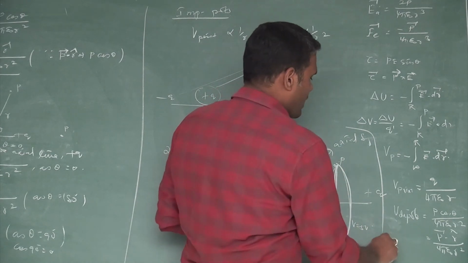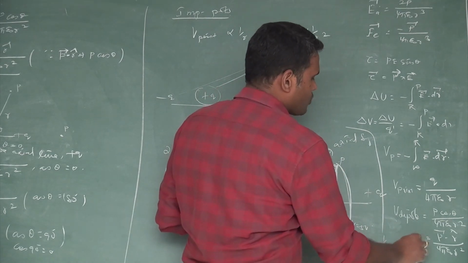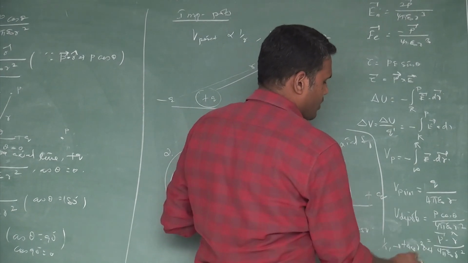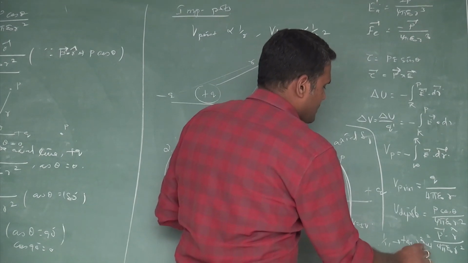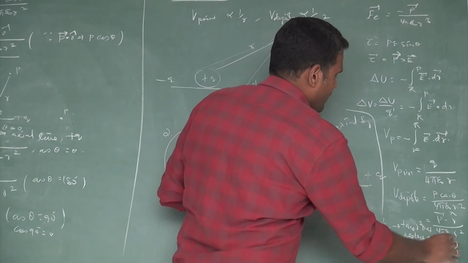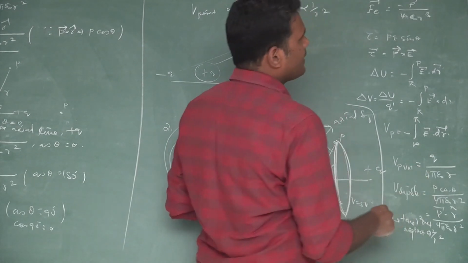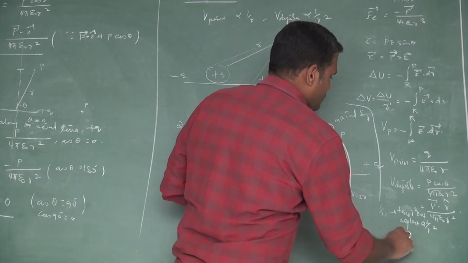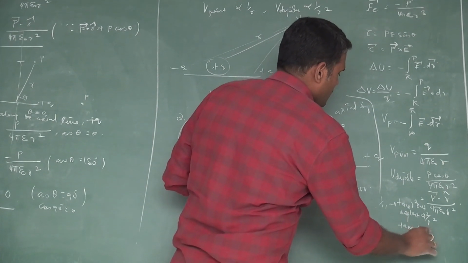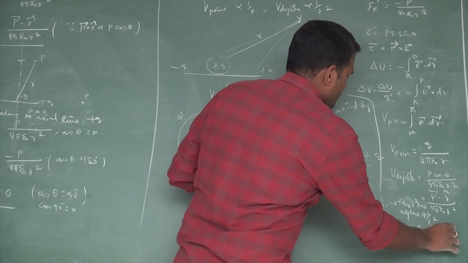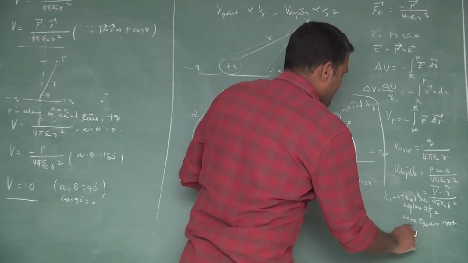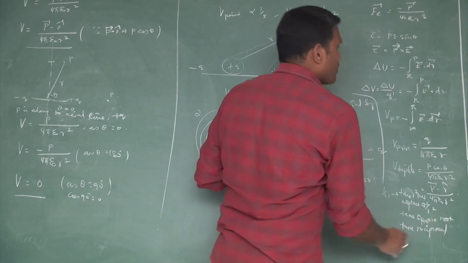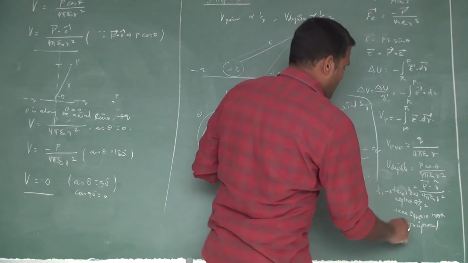So to calculate 1 by r1, first take r square out, then neglect a square divided by r square, and then take square root, and then take reciprocal, and then apply binomial theorem.